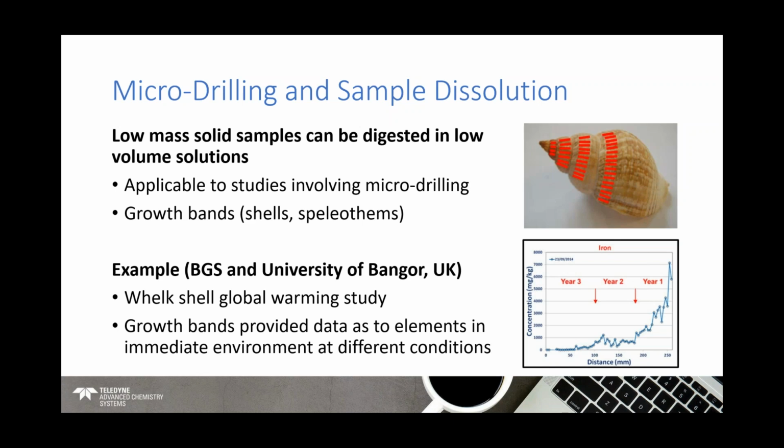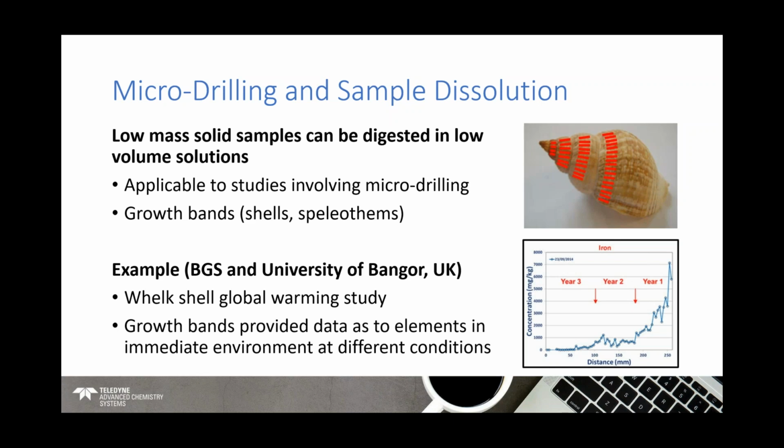And then on the right-hand side here, you've got a graph which has data from a whelk shell global warming study, where whelks have been studied for their growth over the years in certain different conditions.